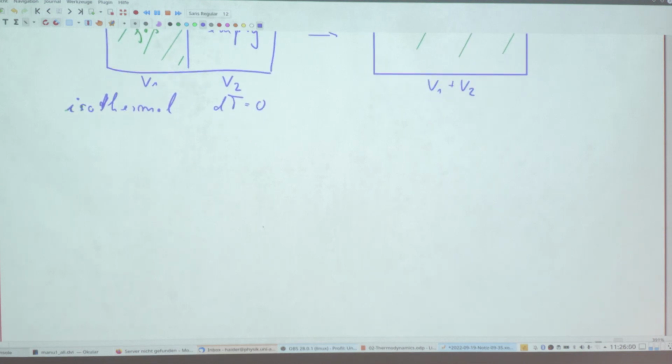So the internal energy then does not change, which means that delta Q equals PdV.